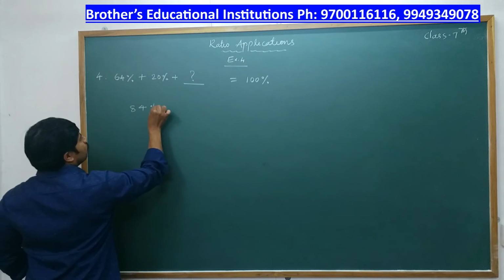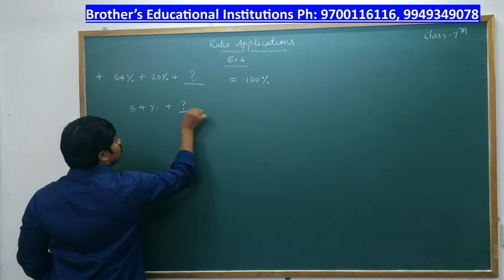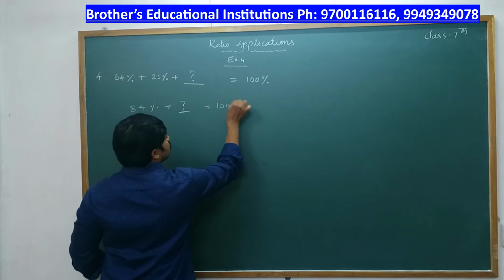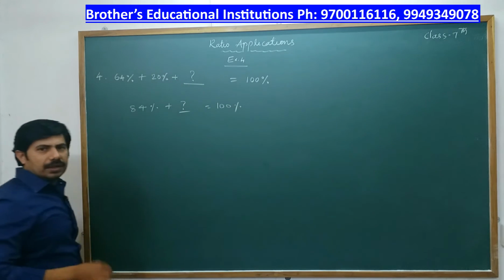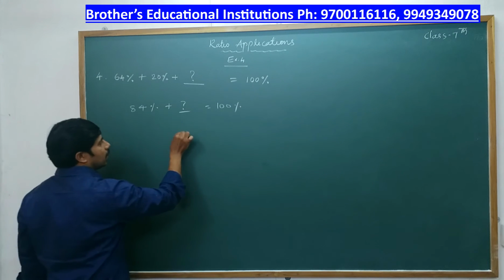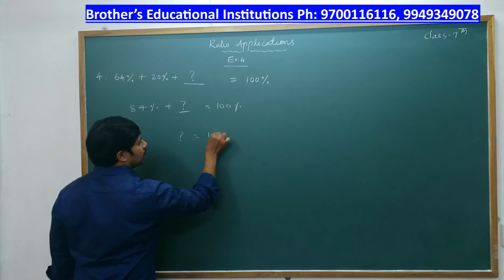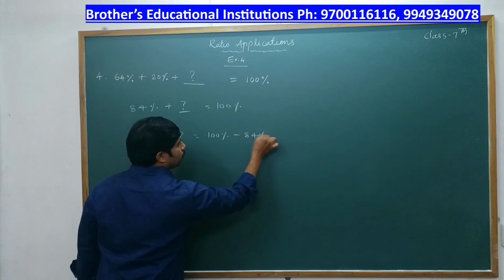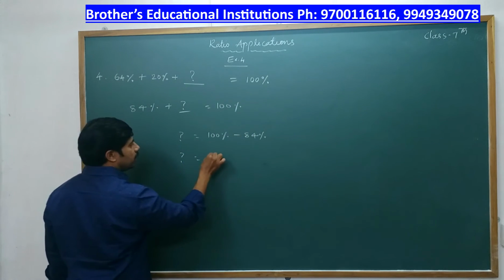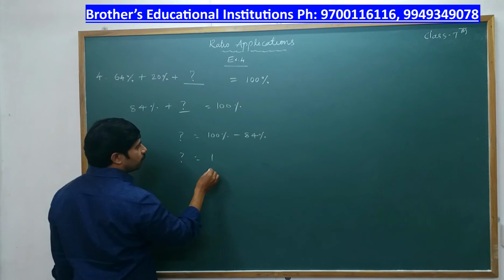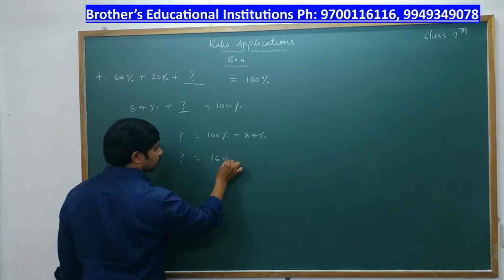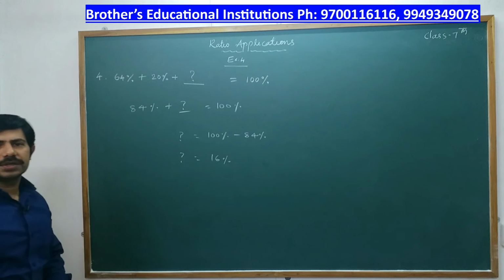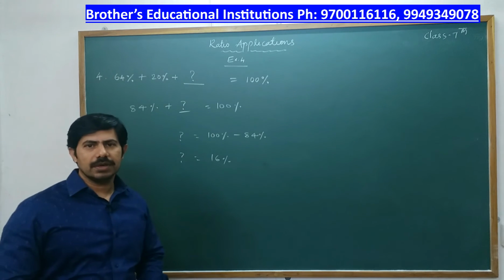We get 84% plus this unknown is equal to 100%. In order to find the unknown, this is nothing but 100% minus 84%. So the unknown will be 100 minus 84, which is 16%. Okay, so this is completed.